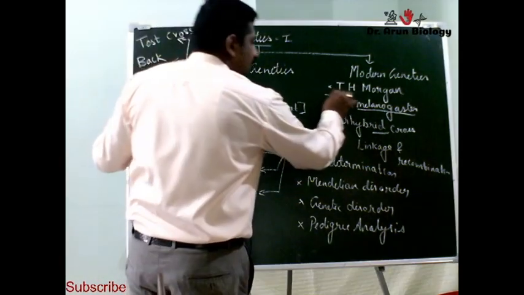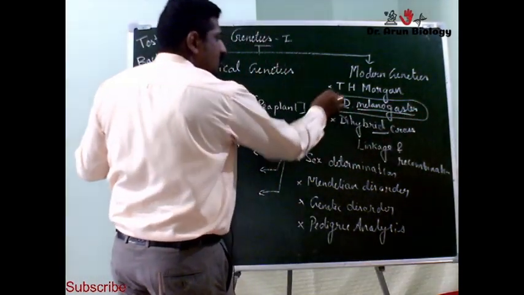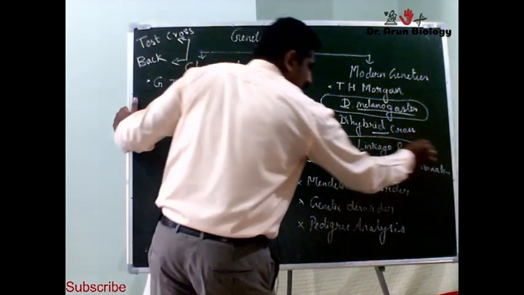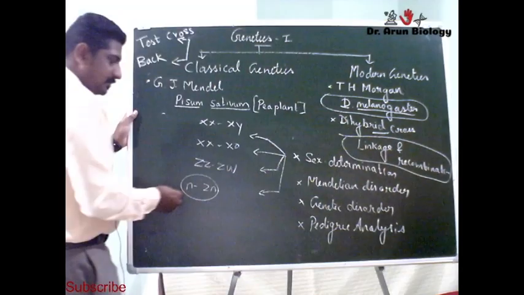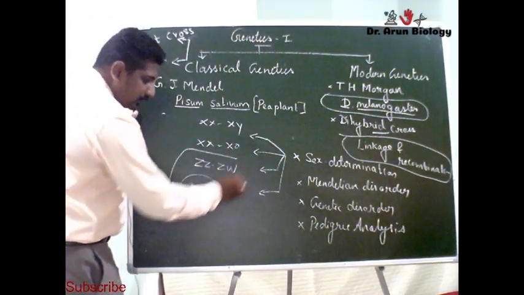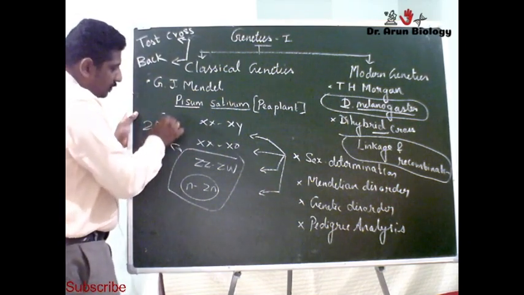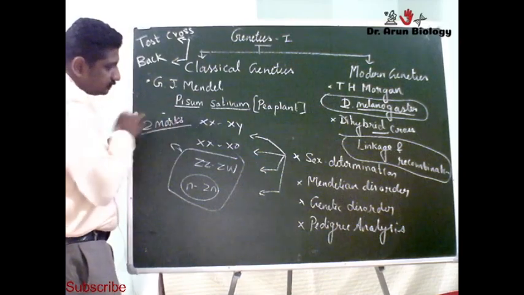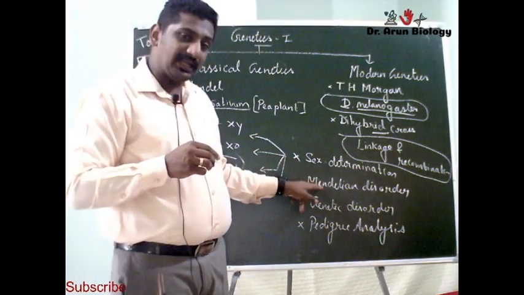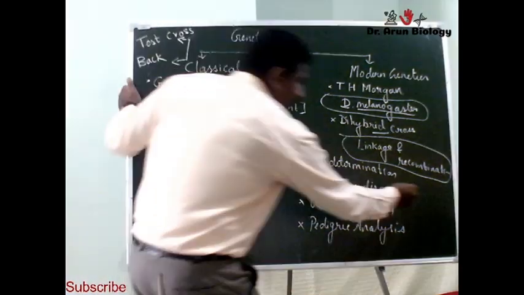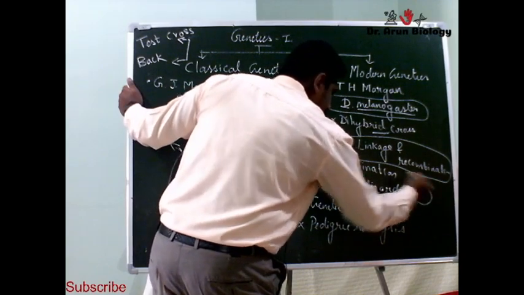In this, very important things are why I have chosen Drosophila melanogaster, and linkage and recombination. The important things are these two sex determination methods, which are mostly asked for 2 marks in your board examination. And look at Mendelian disorders. All are very important. We cannot skip any Mendelian disorder.